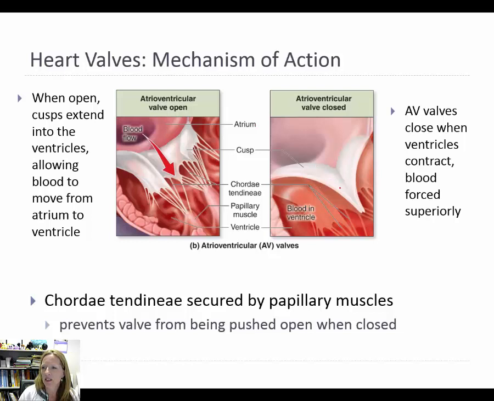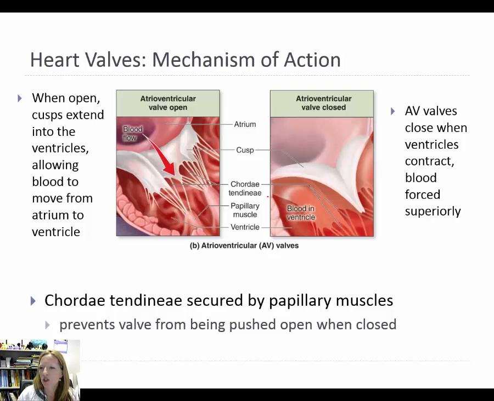So what happens is the pressure is going to build up in here, and it's basically going to close these valves. And then, of course, blood is going to be forced into, if this was the right ventricle, the pulmonary trunk. And that really is what's going to help shut the valves closed. It's going to be this kind of pressure difference.